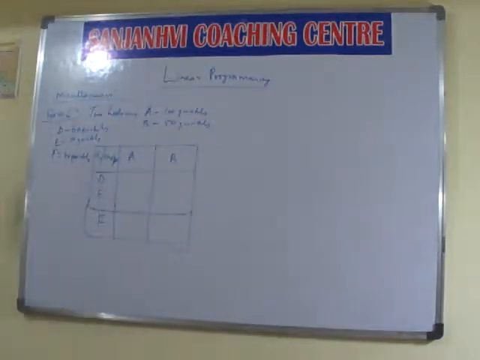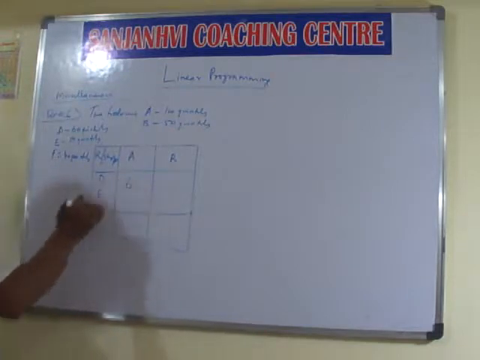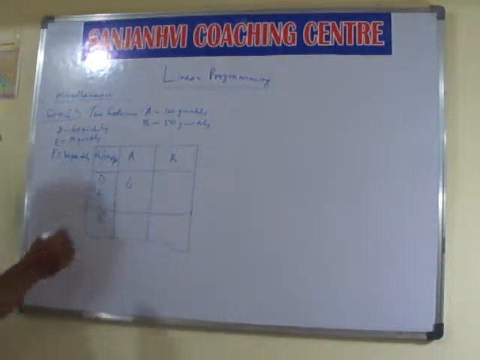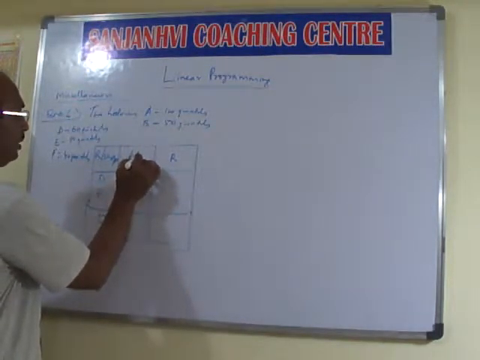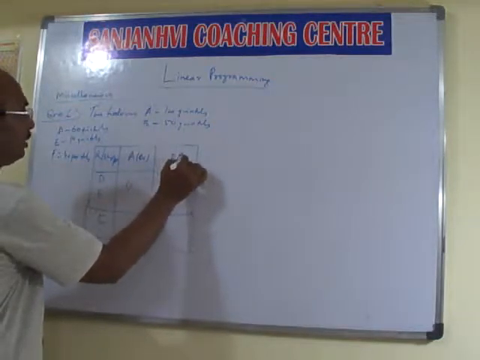The cost of transportation per quintal from the godowns to the shops is given in the following table. From A to D, 6 rupees, and to E, 3 rupees. This is the transportation cost only.